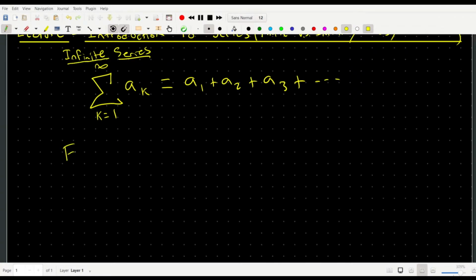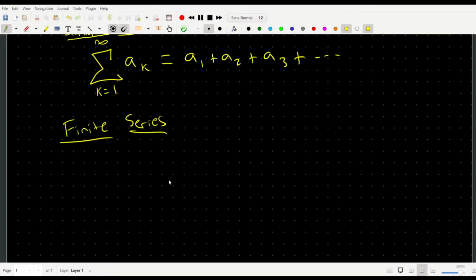So a finite series is the sum of finitely many terms from a sequence.